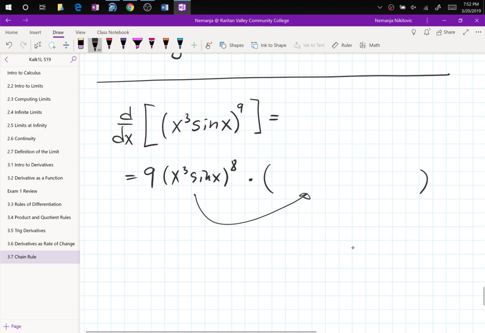I'm going to give you a few seconds to fix it if you missed it, and then I'm going to write it in. So you are doing the product rule between x cubed and sine x.